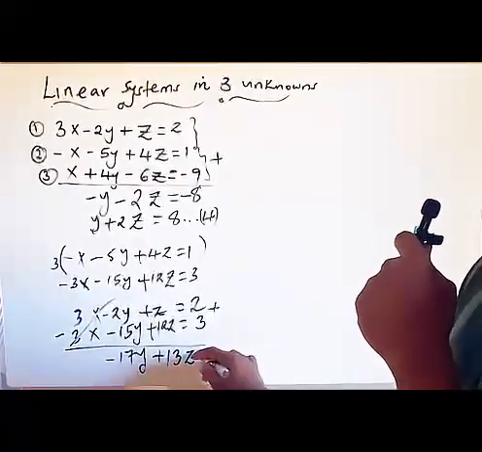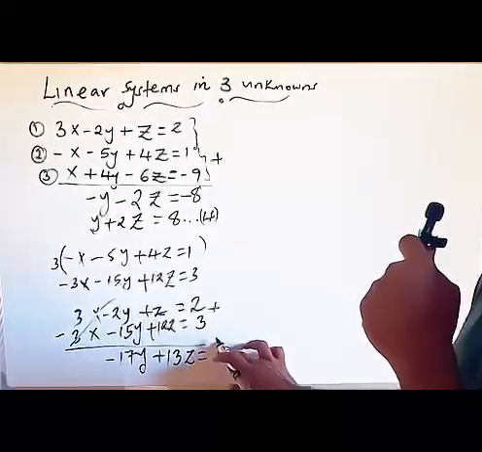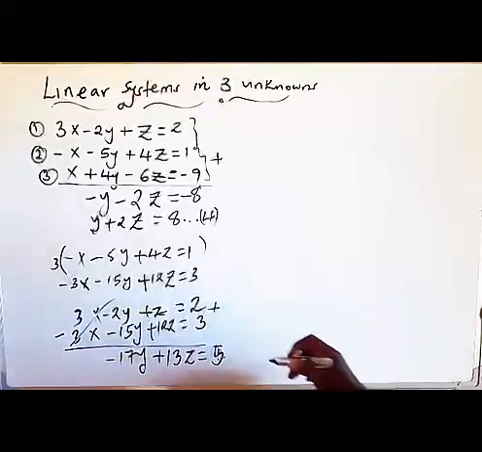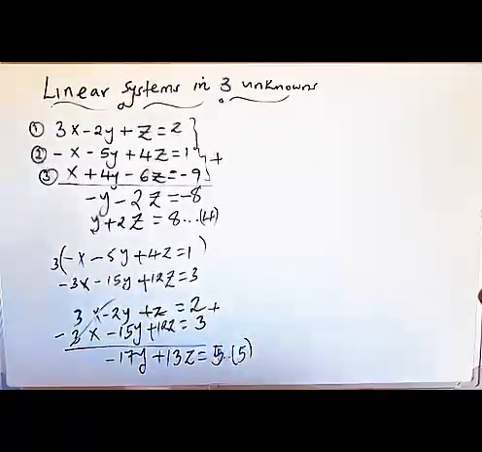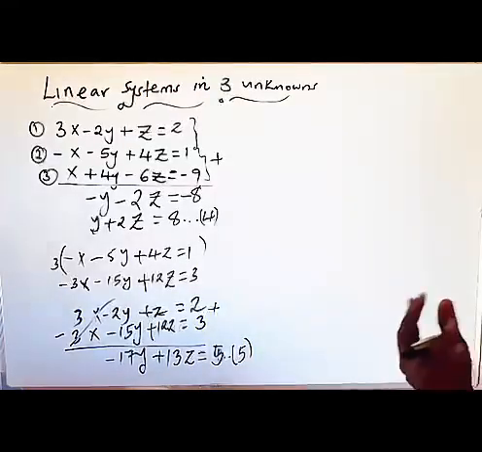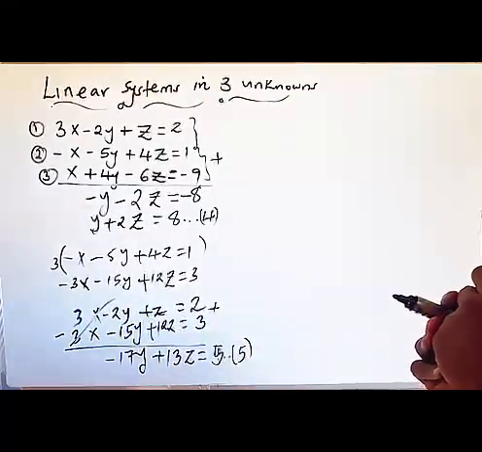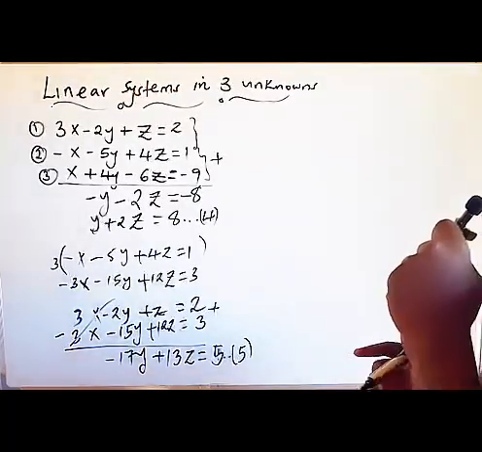And this equals 2 plus 3, which is 5. Now let's call this equation 5. Now equations 4 and 5 have two unknowns, which are y and z. We could use those two equations to get the values of y and z by a process called the substitution method.